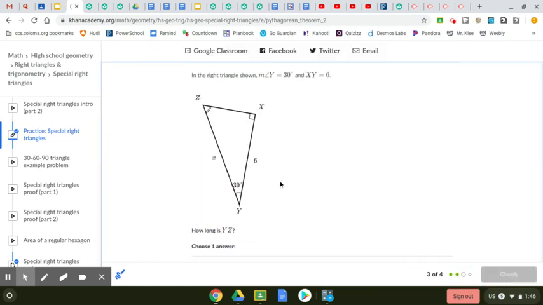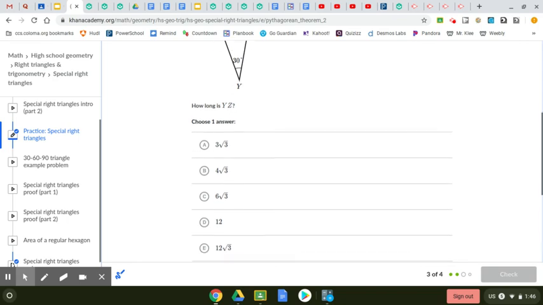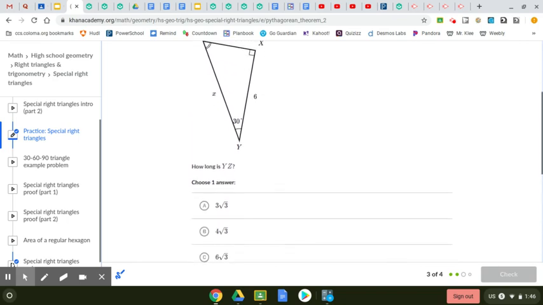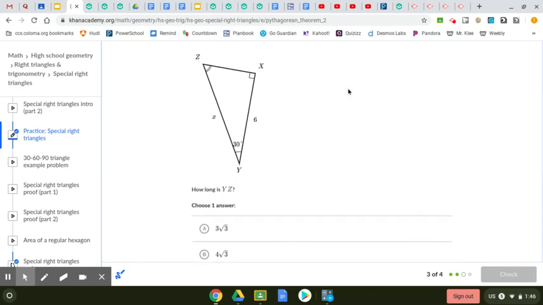And the last problem here, we're starting off with the big leg. And this is the hardest thing that the Khan Academy exercises are going to have you do. I need to divide that by root 3. So 6 divided by root 3, I go down. That answer choice is not there. So there's something called rationalizing the denominator. Essentially, what you need to do on paper is 6 divided by root 3, and then multiply top and bottom by root 3.